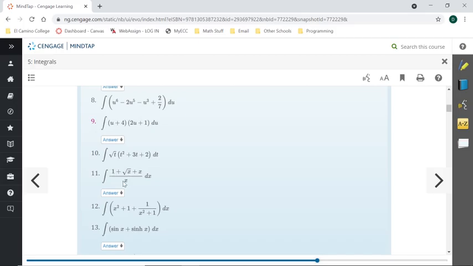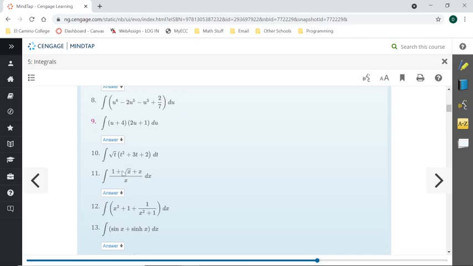The antiderivative of 1 over x is the natural log of the absolute value of x. The antiderivative of 1 over root x would be the antiderivative of x to the negative 1/2. You add 1 to the exponent, that gives us exponent 1/2, and then divide by the exponent. Dividing by a half is the same as multiplying by 2.